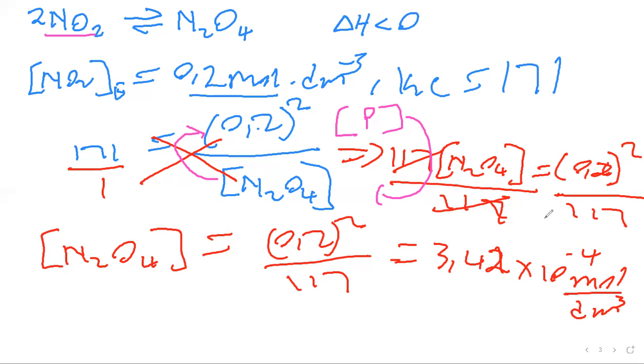I have concentration. So the concentration of reactant is 0.2, so I place it here. Concentration of product is 6.84, the one that I got right now.